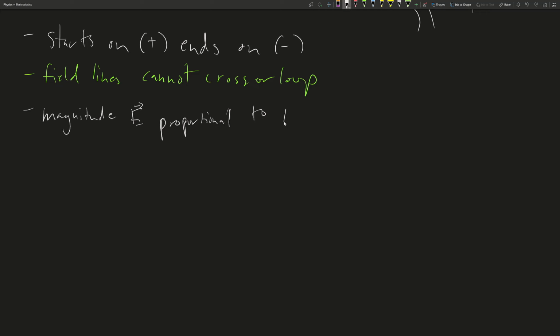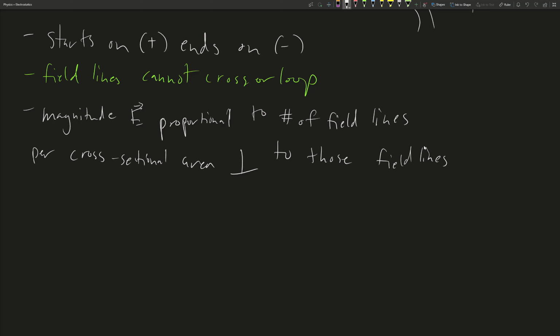So it's proportional to the number of field lines intersecting a cross-sectional area of space perpendicular to those field lines.